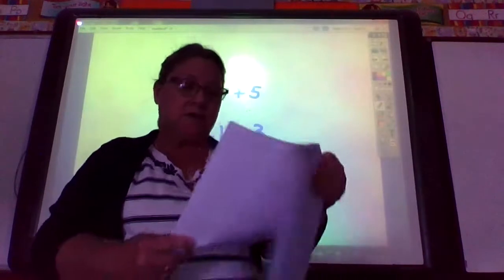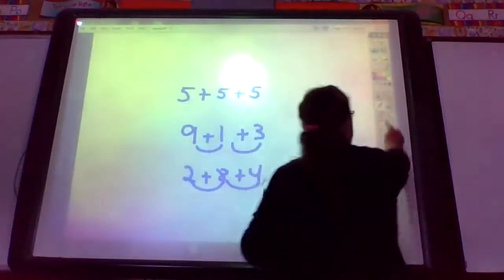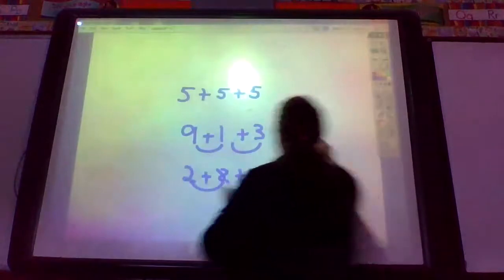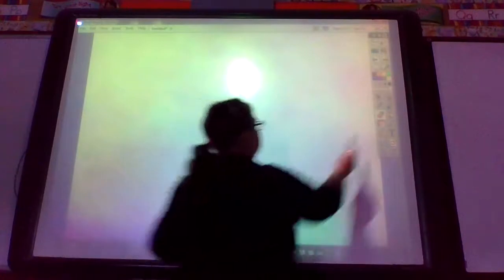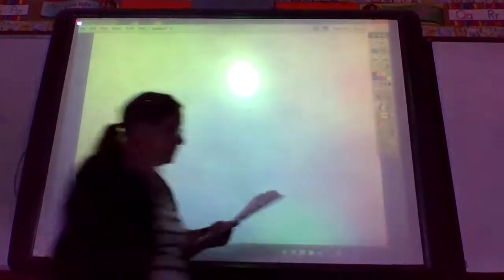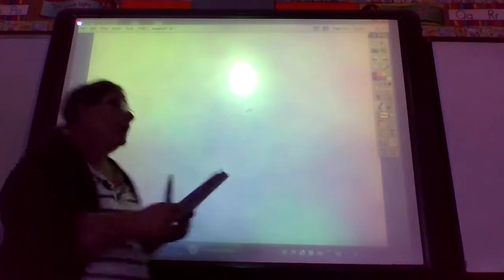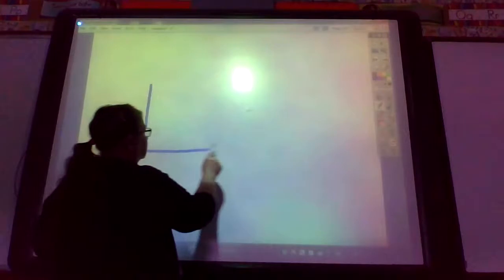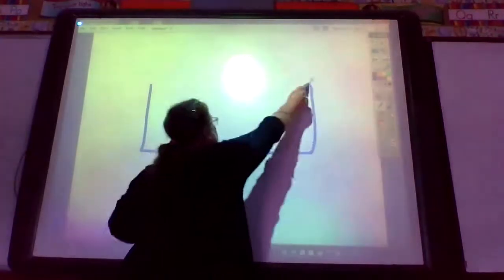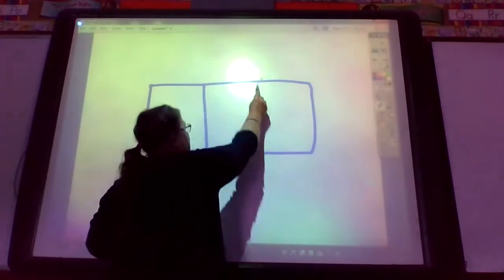Okay? So, this is what we're going to do. Let me erase all of this. And here we go. If I had a place value chart, it kind of looks like this, divided into 3 spots.